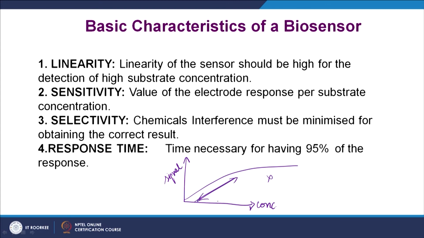The other is it should be very sensitive, which means I should be able to detect lower and lower values. Next is it should be very selective, meaning very specific, so basically I do not get false positives. And the response time should be the time necessary for having 95% of the response. So the response time is very important.